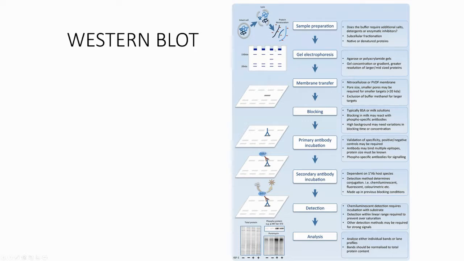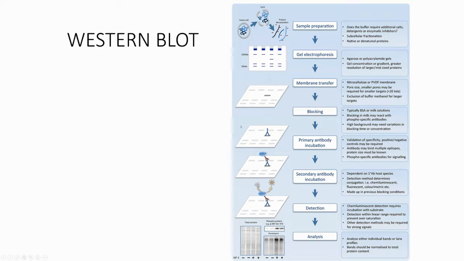And then after the electrophoresis, you're going to transfer those proteins from the gel to the membrane. Once they are transferred, you will process the membrane. First of all, you have to do the blocking, basically to reduce the background.